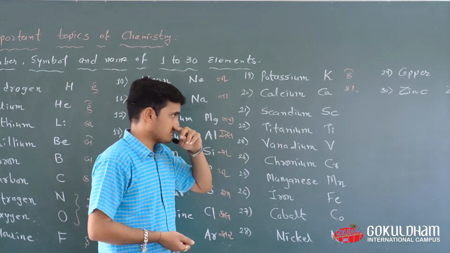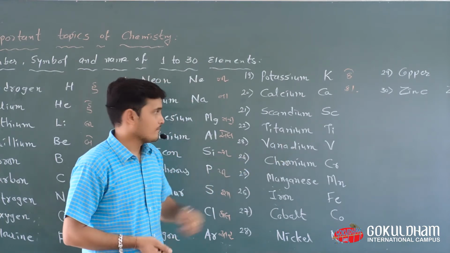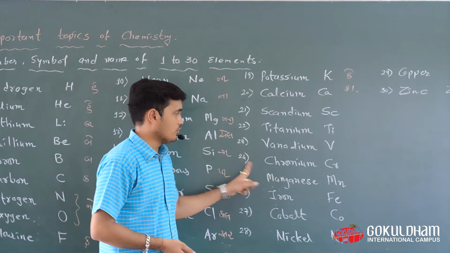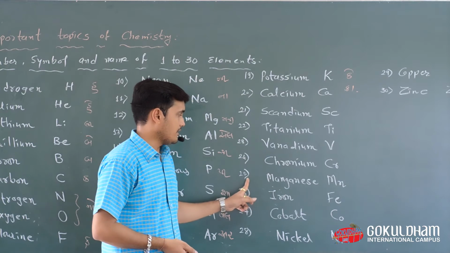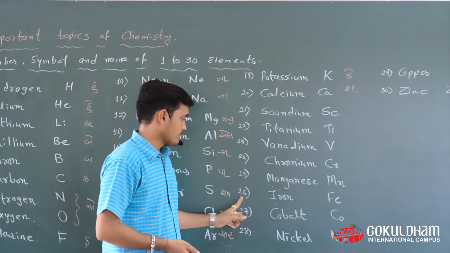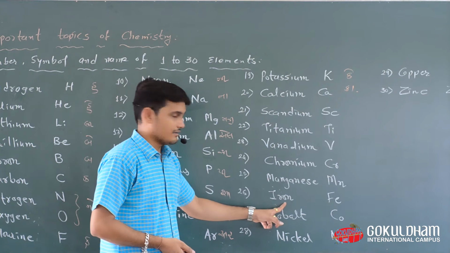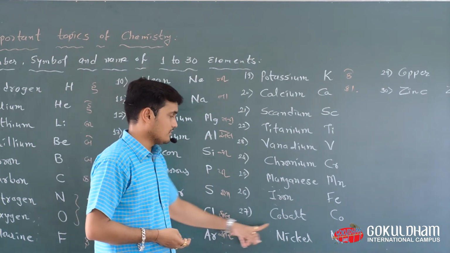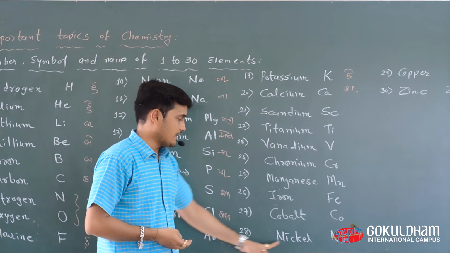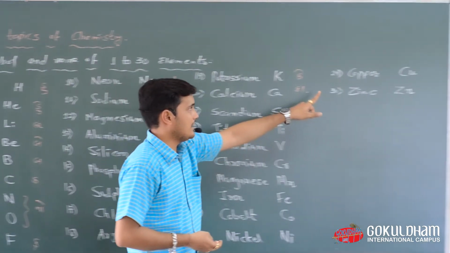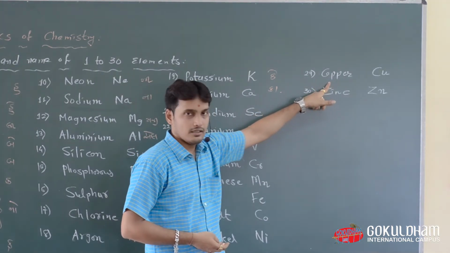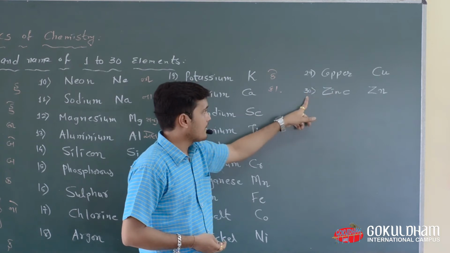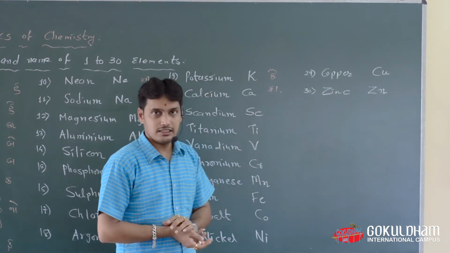Titanium has a remembrance property. 23 is vanadium, 24 chromium, 25 manganese, 26 iron, or you can say ferrous, 27 cobalt, 28 nickel, and 29 is copper, which is mixed with gold for ornaments. 30th number is zinc, Zn.